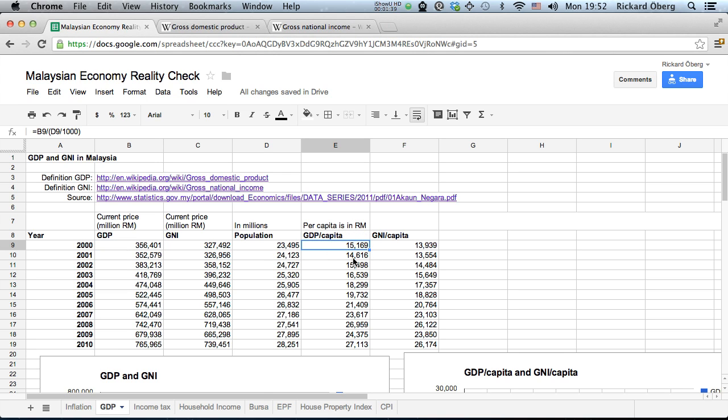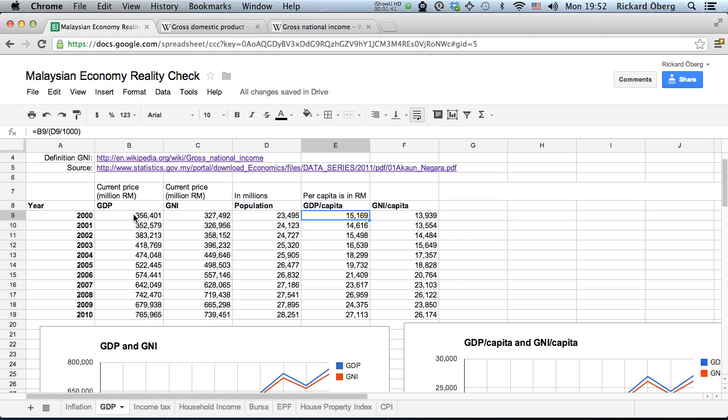If you take a look at these numbers, you can see that in 2000 we start with a GDP of 356 billion, and in 2010 we have a GDP of 765 billion. Per person, in 2000 it's 15,000 ringgit, and in 2010 it becomes 27,000 ringgit.